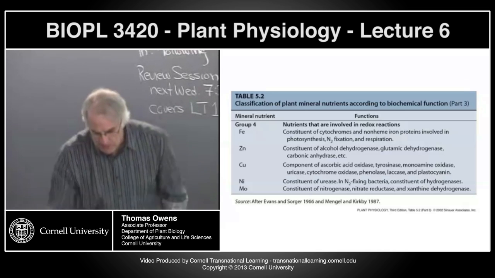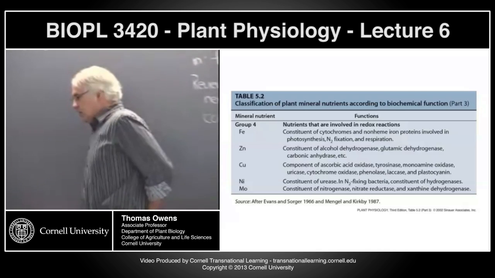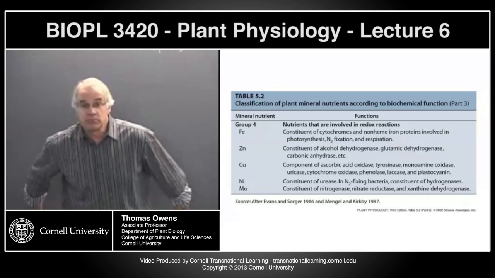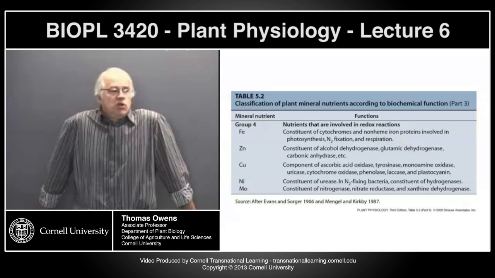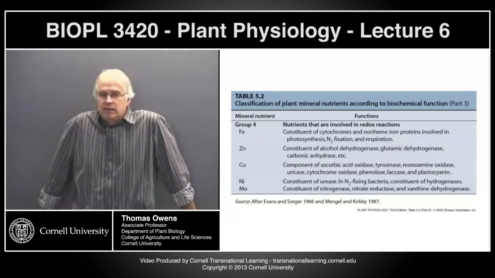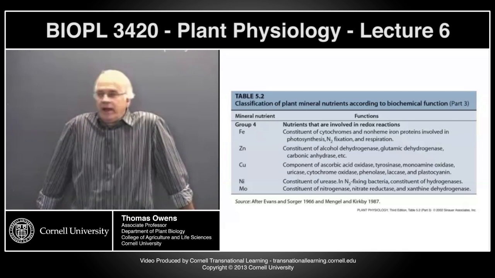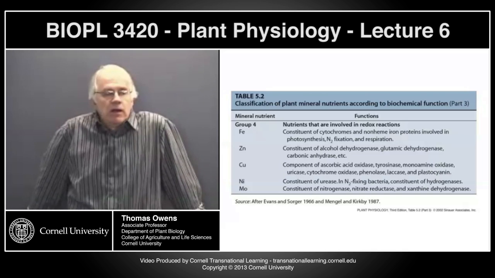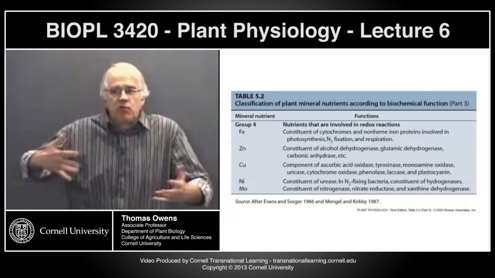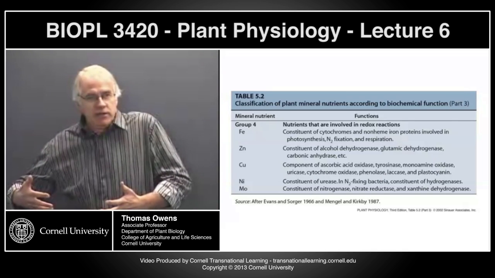So let's think about if you wanted to study mineral nutrition in plants. How do we go about doing this? You want to know whether boron is required or molybdenum is required for plant growth. What's the general form of the experiment we need to do?